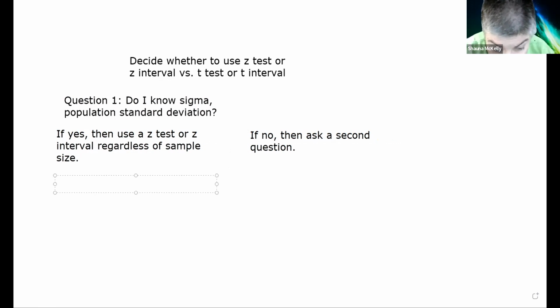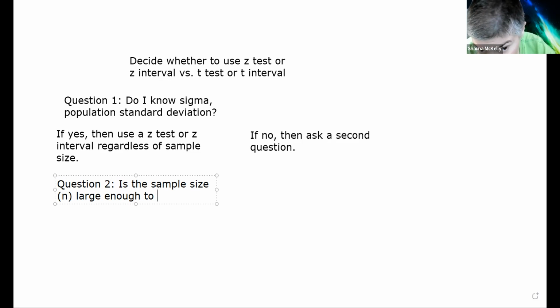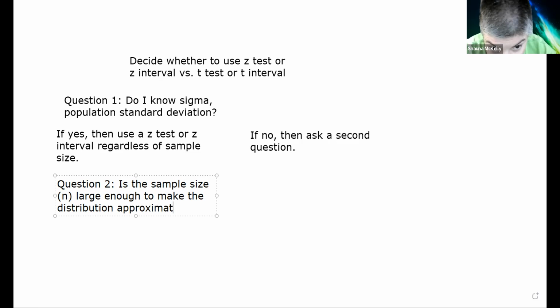Question 2, and again, this is where books will differ, because it depends on what they consider to be large: is the sample size N large enough to make the distribution approximately normal?